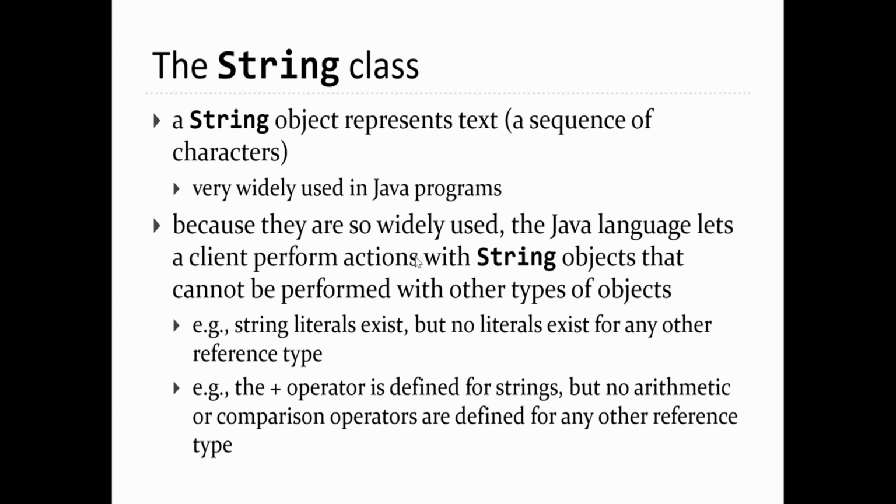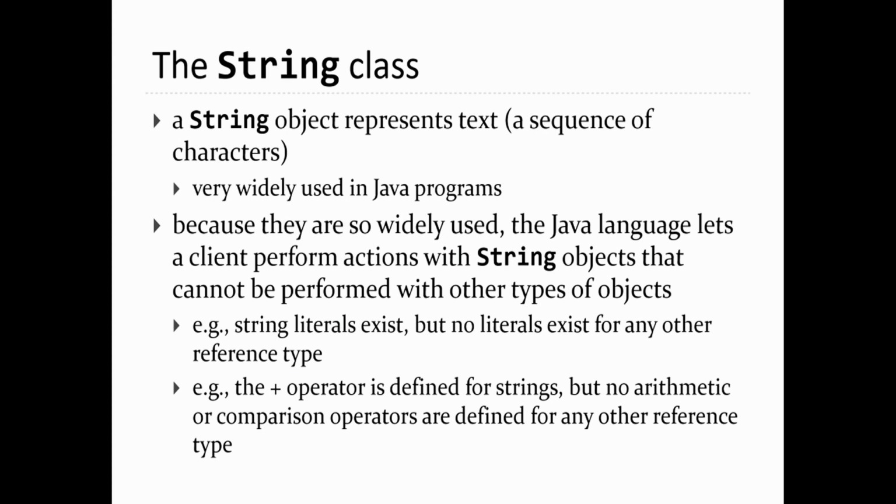Because they're so widely used, they're almost universal in a Java program, the Java language lets you do strange things with strings that you cannot do with other types. For example, you can write down a string literal, double quote something. So string literals exist.